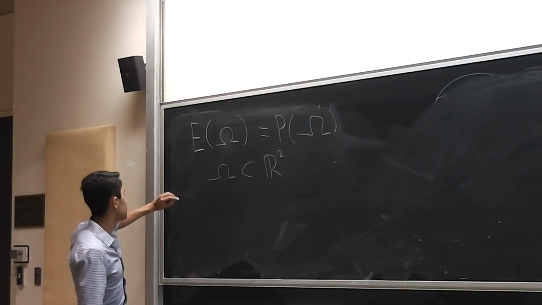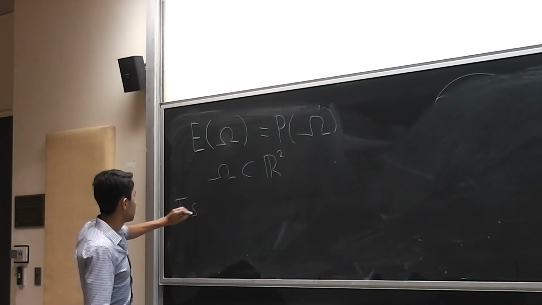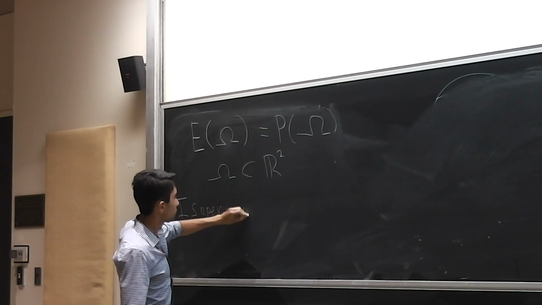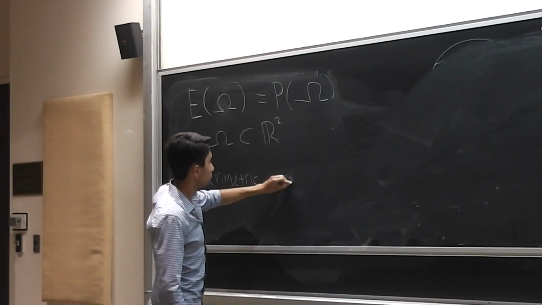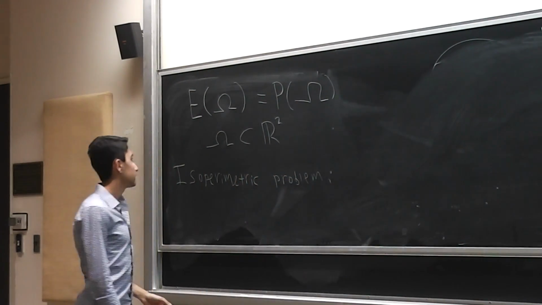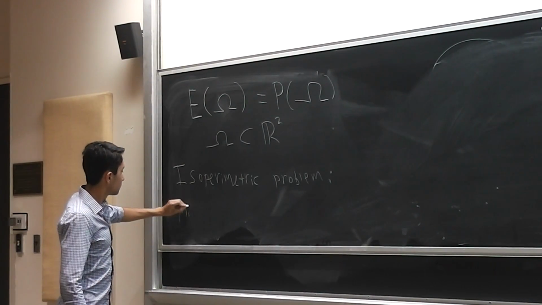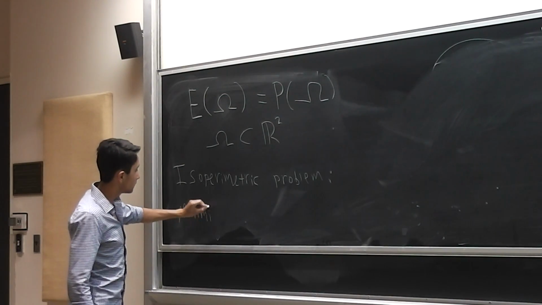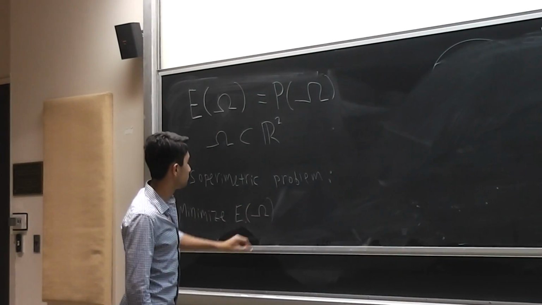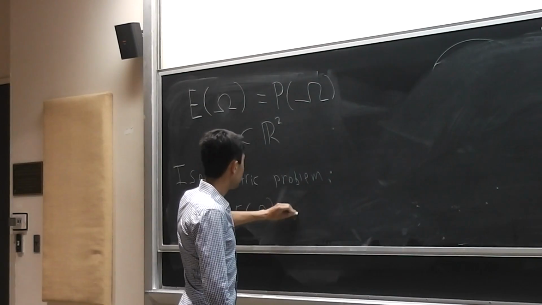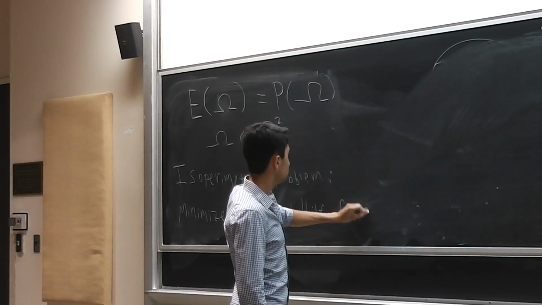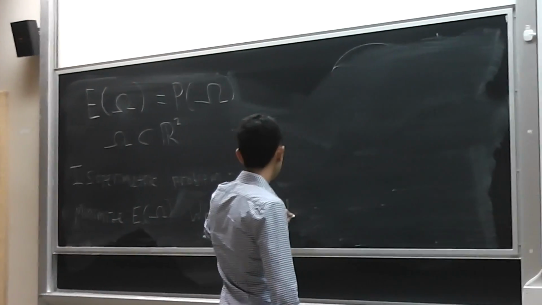So the isoperimetric problem is this. We want to minimize E of omega while keeping the measure fixed.